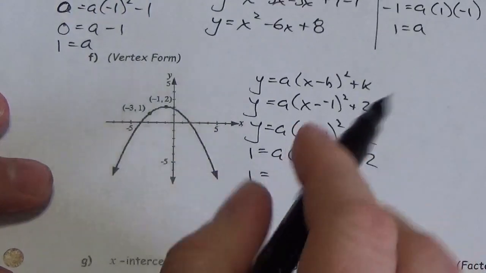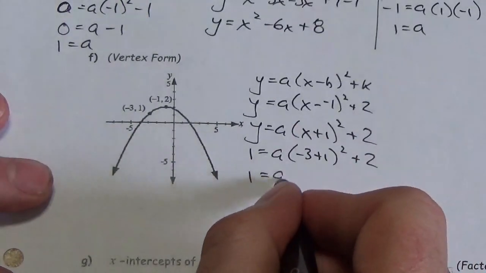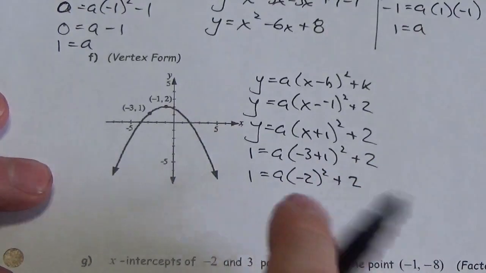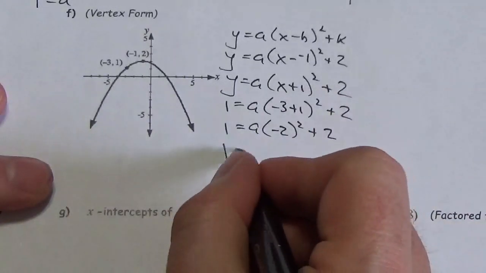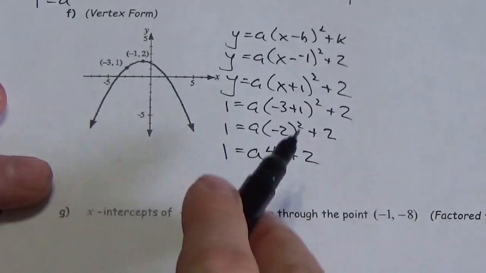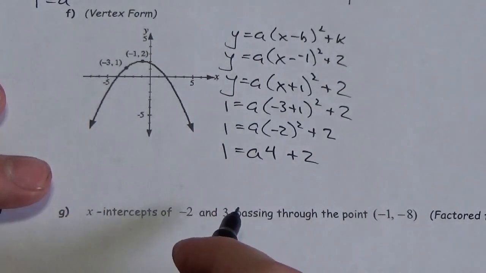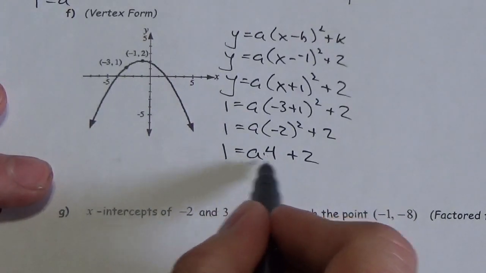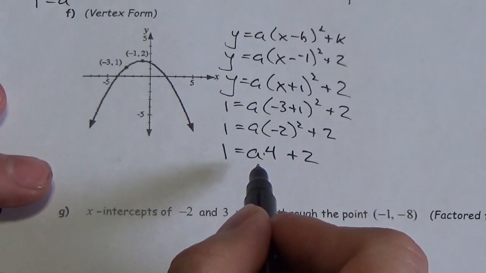Well, now we have to do a little bit of math here. Negative 3 plus 1 is negative 2 squared plus 2, and I'm going to do this squaring first. So that'll be a multiplied by 4 plus 2. You cannot add the 4 and the 2 together. You can't. Because the 4 is being multiplied by the a, that would have to happen first.